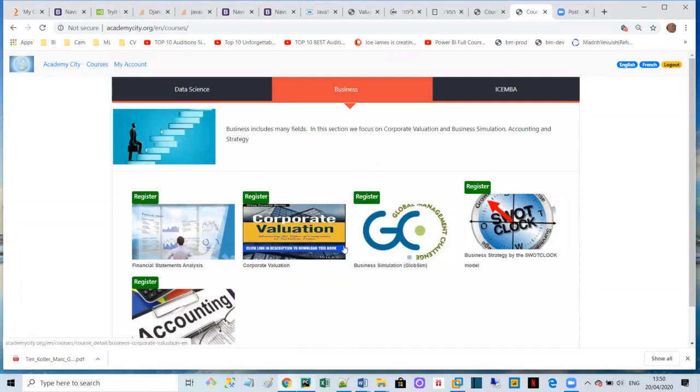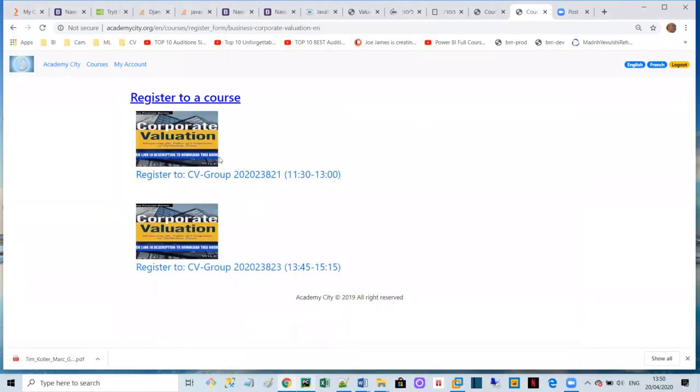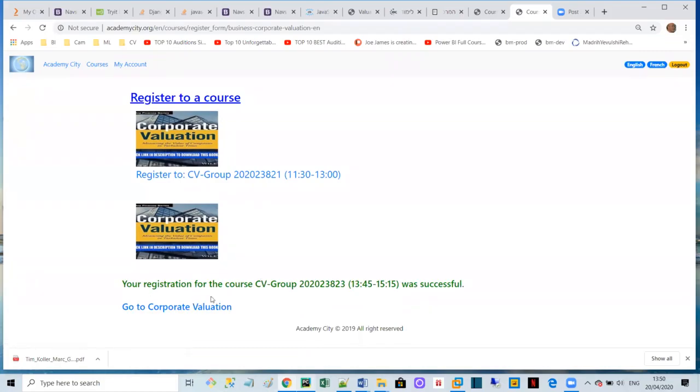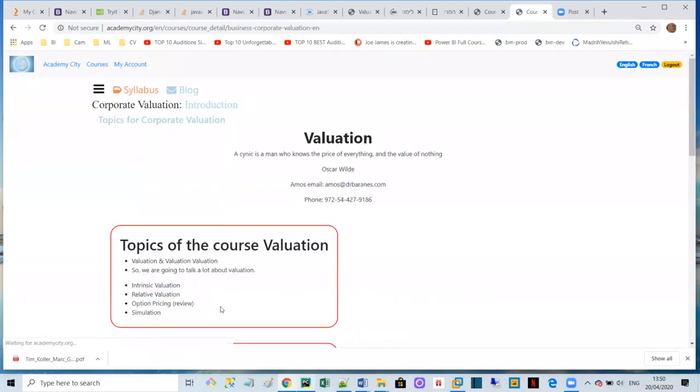If you don't register, you won't be able to see the simulation. So you need to click on register. It will open up the 2 groups that I'm teaching this semester. You belong to the second one. So you're supposed to click on this one. While if I click on this one, it will tell me your registration has been done, was successful. And if I click on here, it will take me to the content of the course.